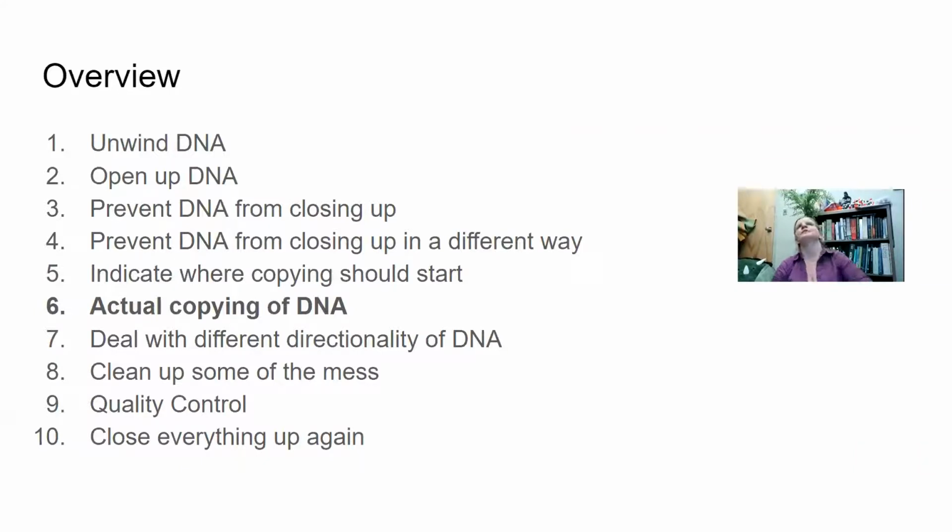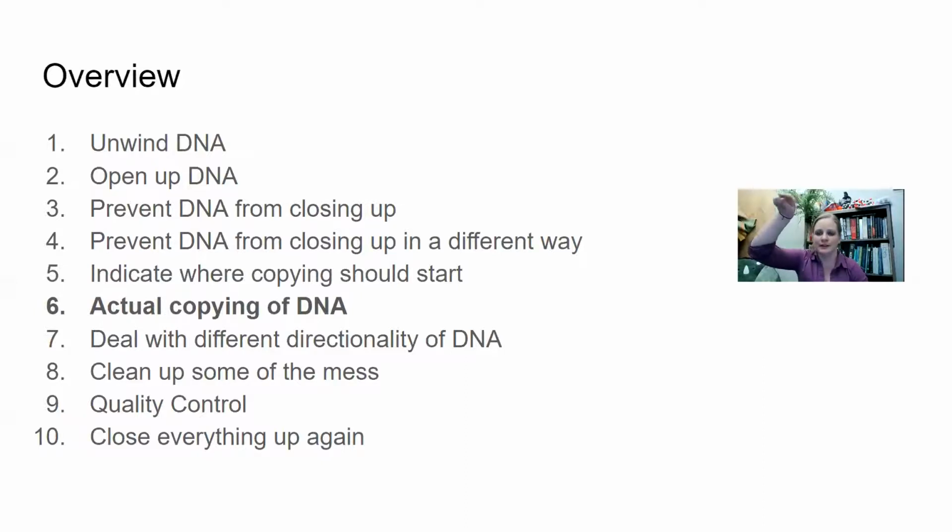So basically, what happens during DNA replication is we have to unwind the DNA double helix. We have to open up the double strands into single strands, and then we have to prevent it from closing up again. We do that in 2 different ways.